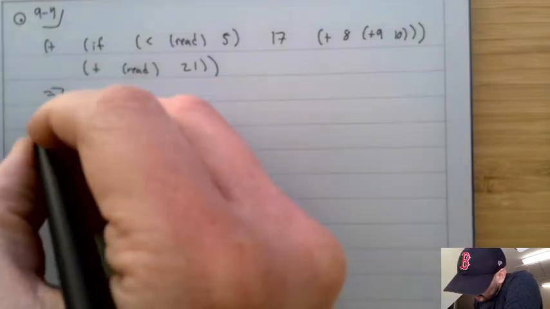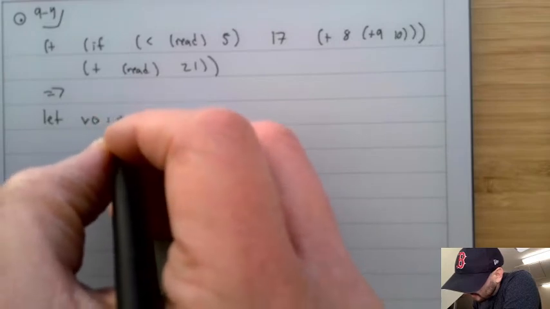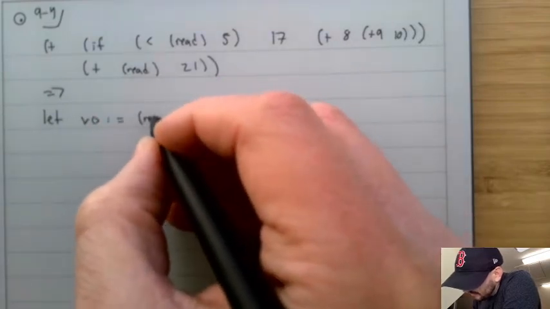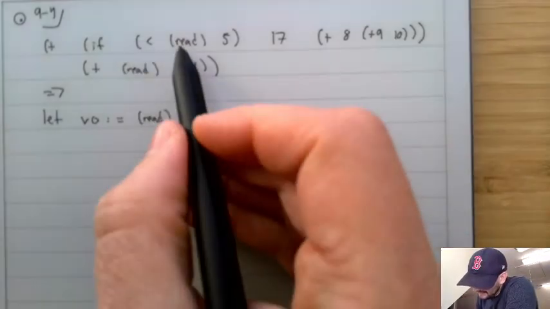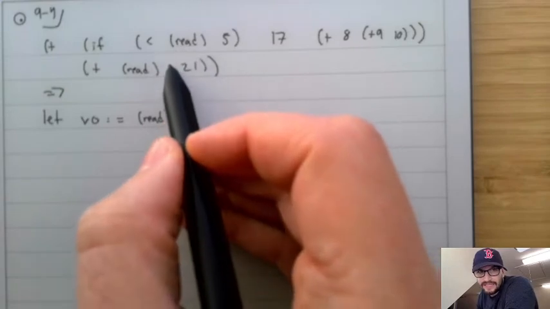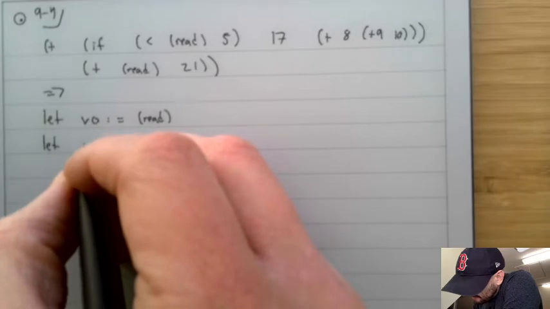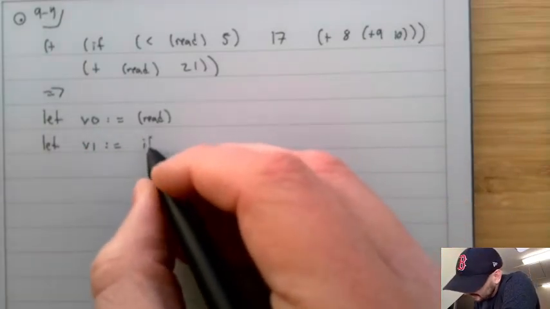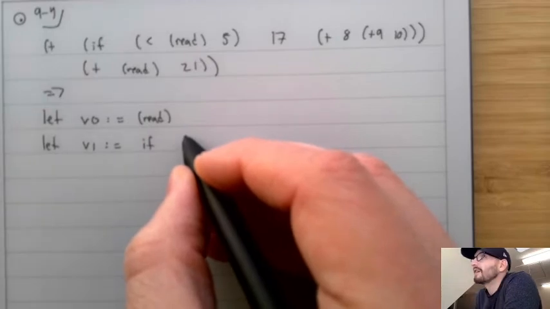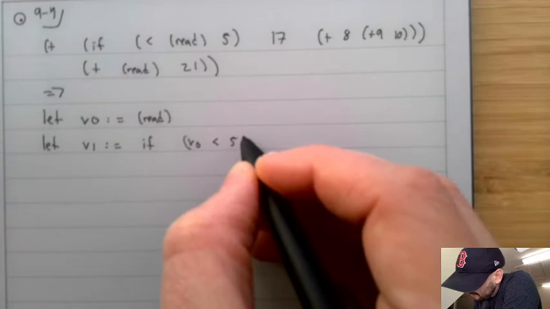We'll start off with a let of v0 equal to read. And this is the first read to happen, because we evaluate from left to right. Then we're going to let v1 equal an if statement where we have a comparison of v0 and 5.